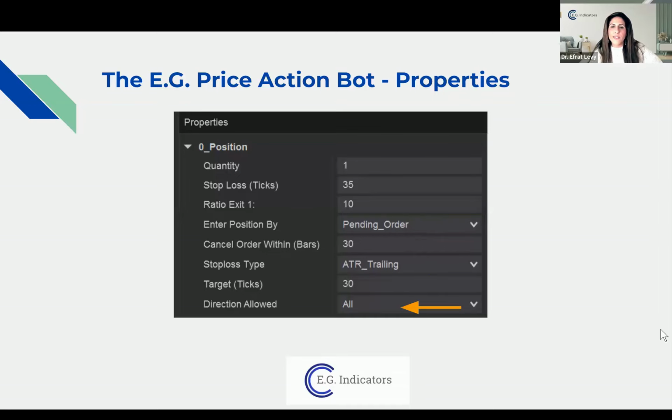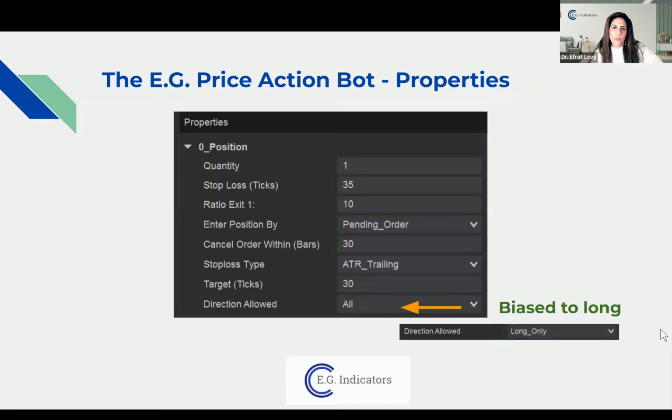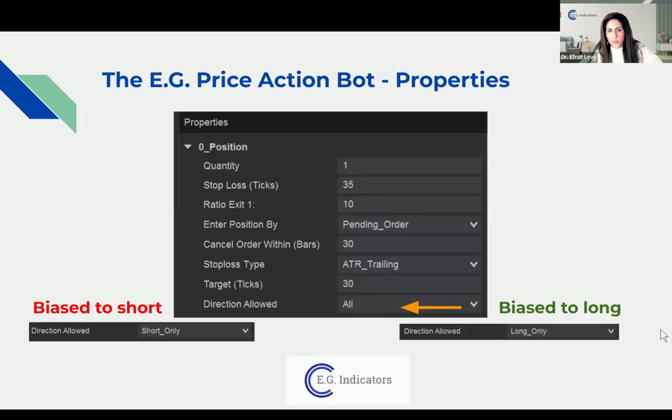And you can enable only a certain direction if you want. You can allow both long and short or only one, if you want the bot to be biased to this direction, whether biased to long or biased to short.